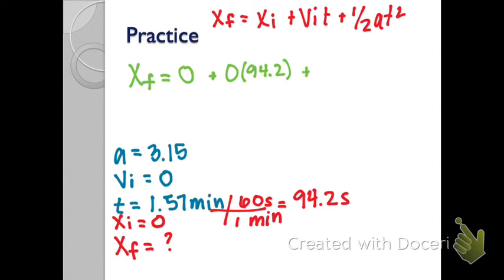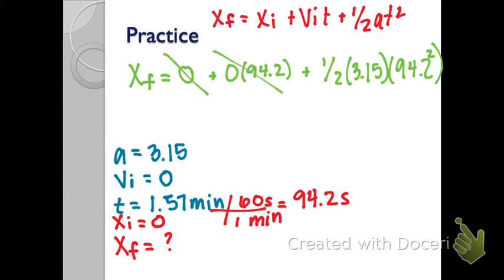Then we're going to go plus 1/2 times A times T squared. Okay, so essentially I'm going to drop these two sections of my equation and say X final equals 1/2 times A times T squared.